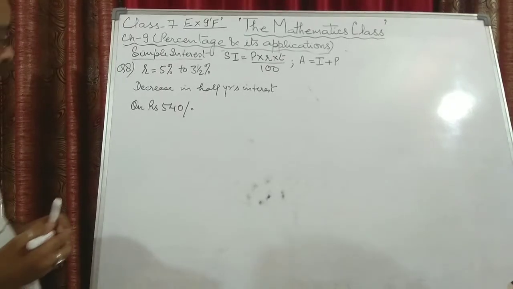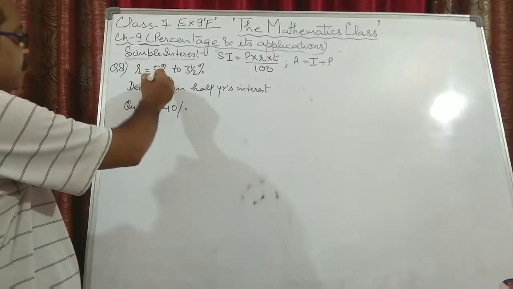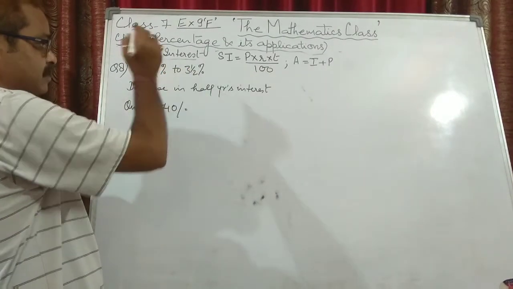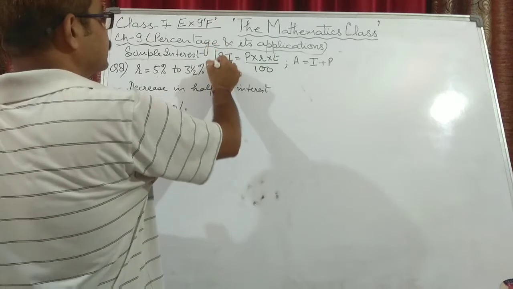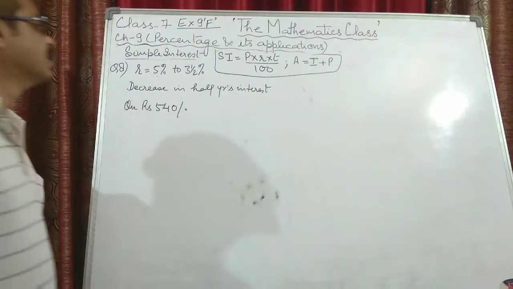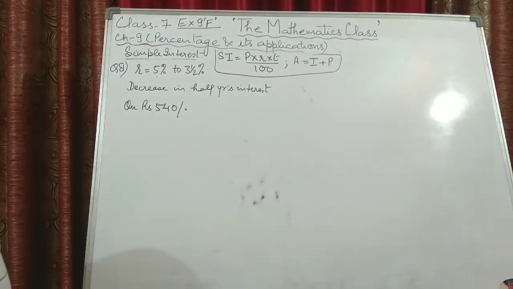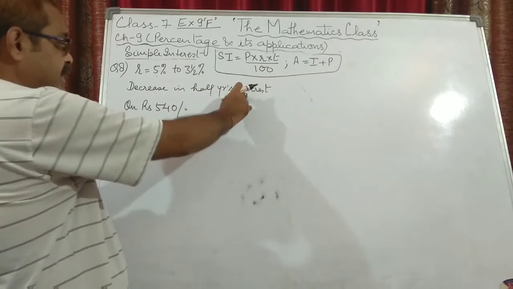Now question number 8 is, if the rate of interest is reduced from 5% to 3.5%, means the interest rate has been decreased from 5% to 3.5%. You have to find the decrease in half year's interest.